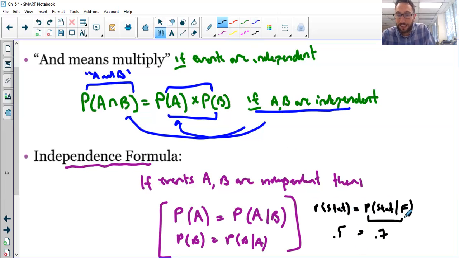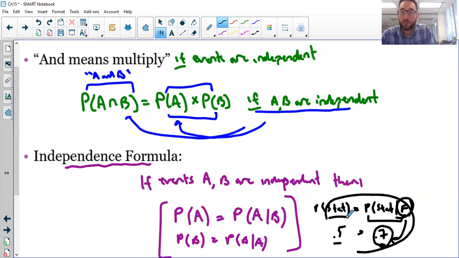This showed us that if we knew the person was female, it increased the chance that a person took AP Stat compared to overall. So it seems like being female is related to taking AP Stats, because given we knew you were female, we get a higher probability of taking AP Stats than overall. So these were the types of conversations we had previously. Now we're just assigning a formula to that same type of idea. So two options: and means multiply, or the independence formula.